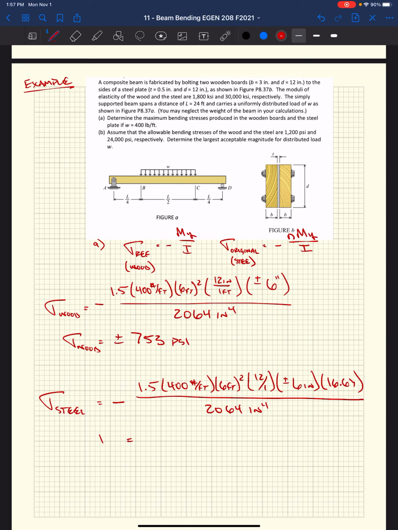We get stress in the steel equal to plus or minus 12,560 psi.